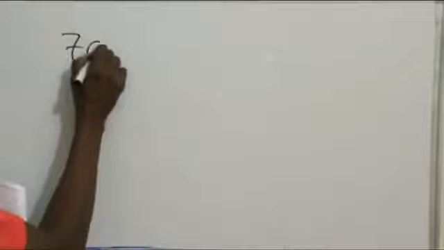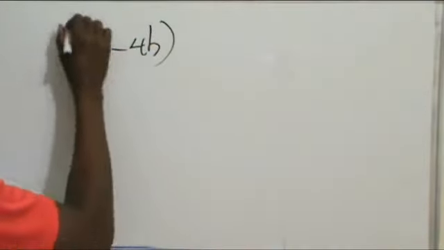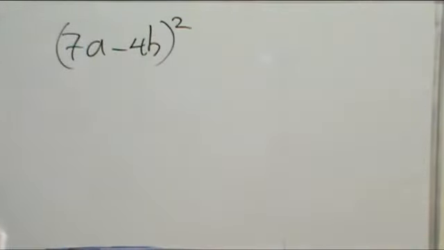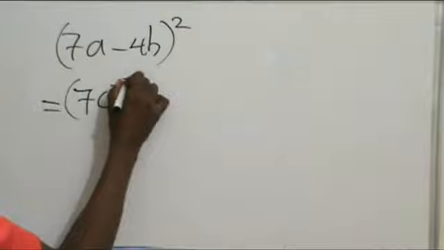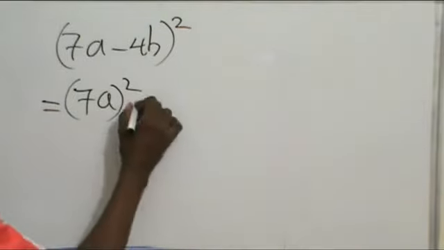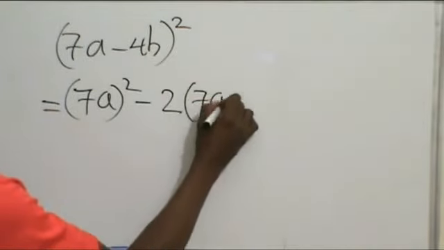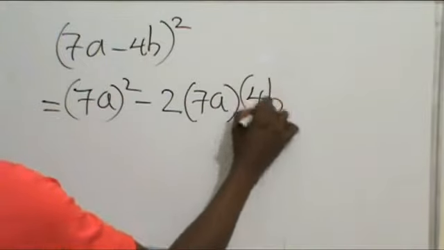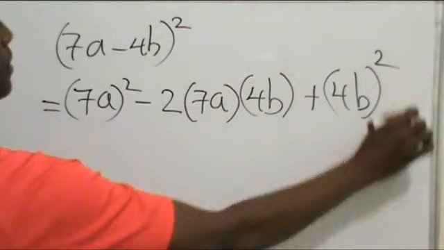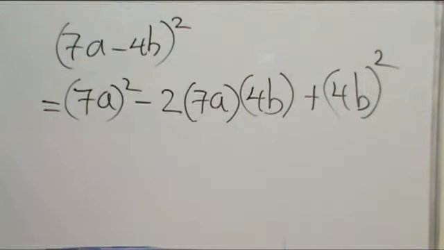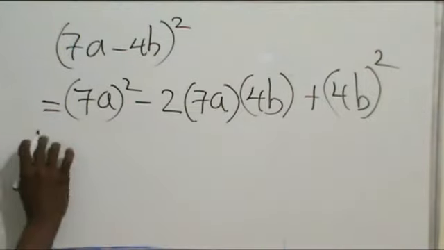So we now have (7a minus 4b) to be squared, which is equal to, pay attention now, (7a) to be squared minus 2 by 7a by 4b plus (4b) in brackets, all to be squared. Alright?